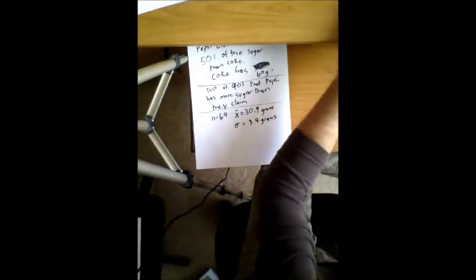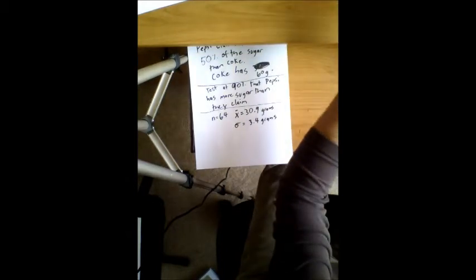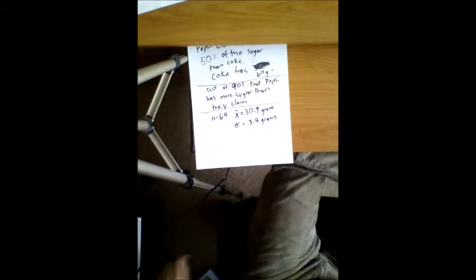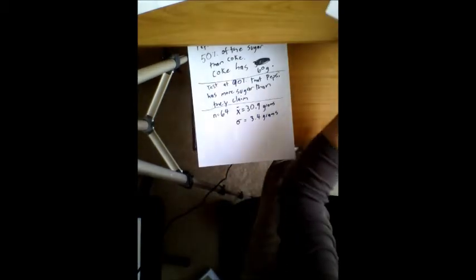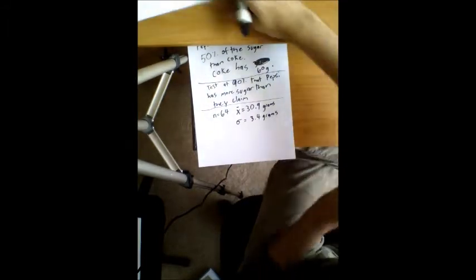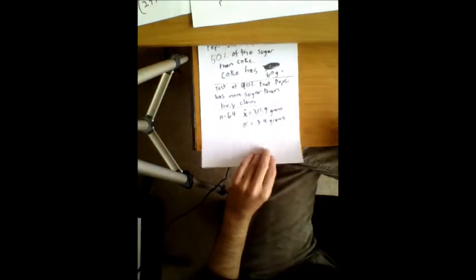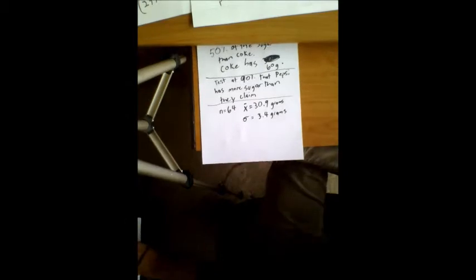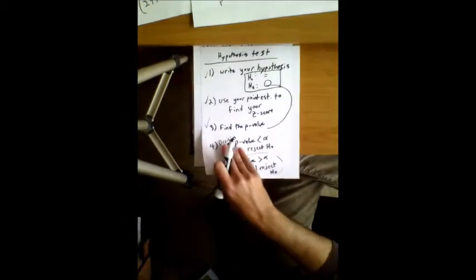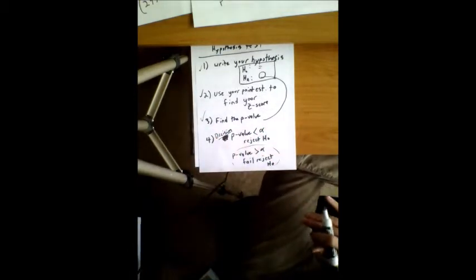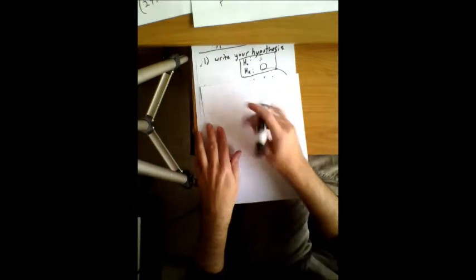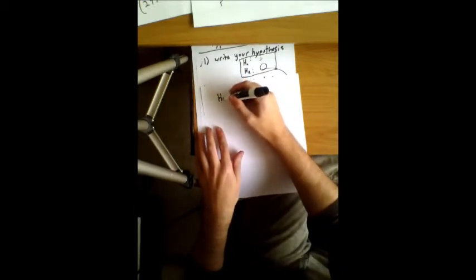So first things first, we do have to write the hypothesis, right? I lost my sheet, I'll have to do it from memory. So to do our hypothesis, we want to write this thing down. We have H0, we have HA.